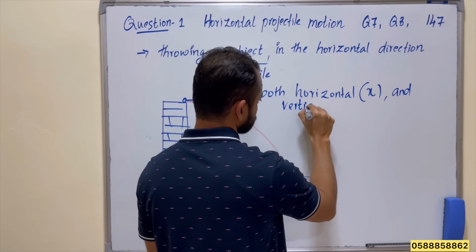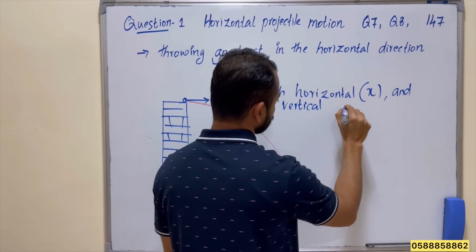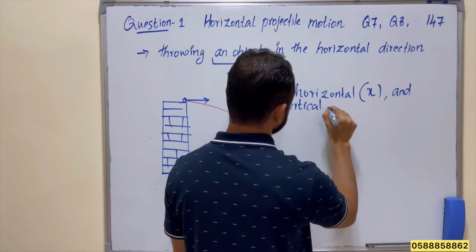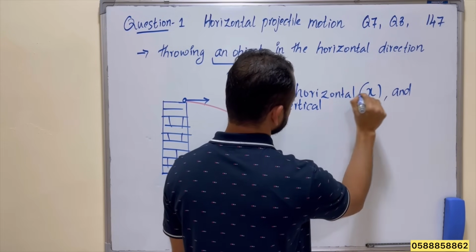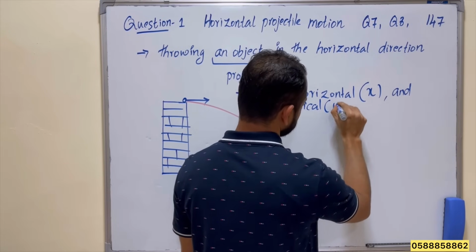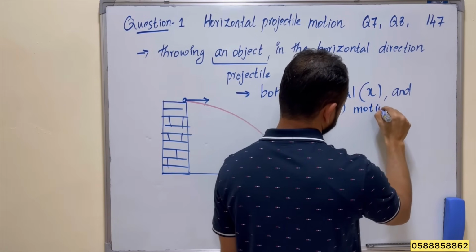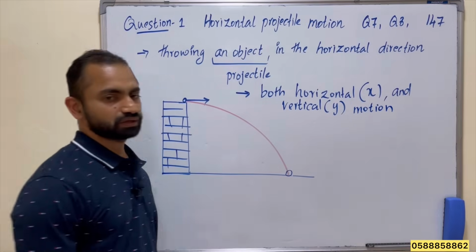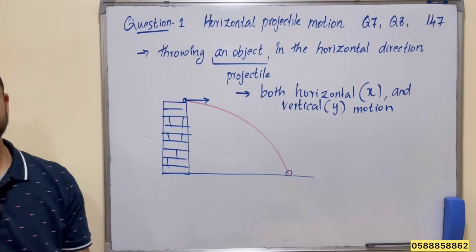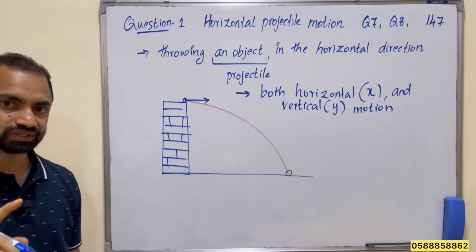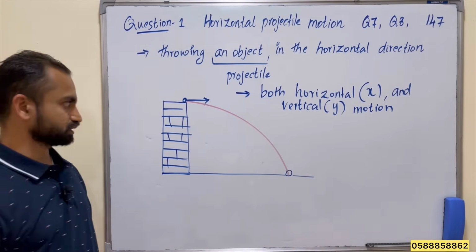A projectile always has motion along the horizontal direction and the vertical direction. Vertical means along the y axis, which means a projectile has horizontal velocity and vertical velocity.